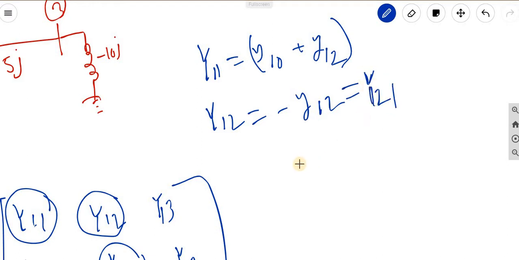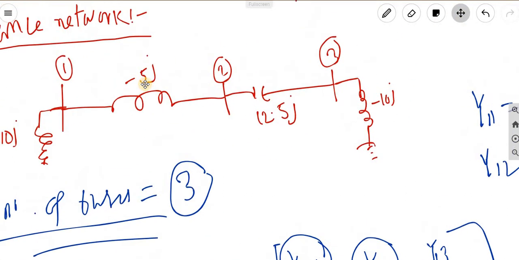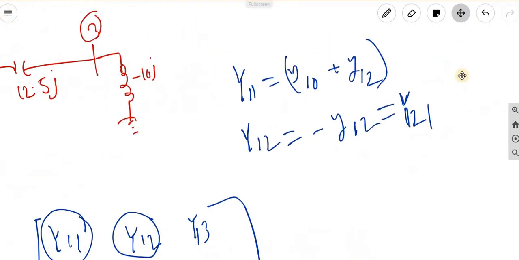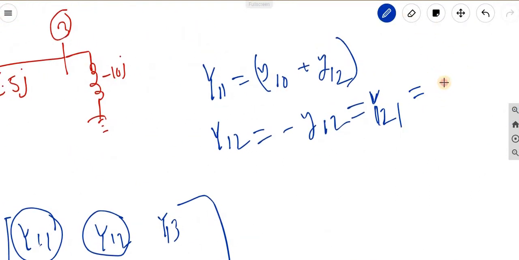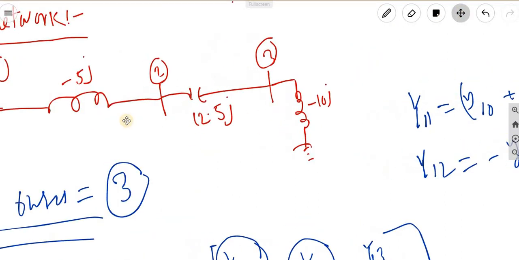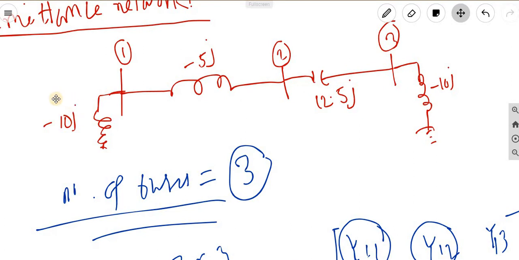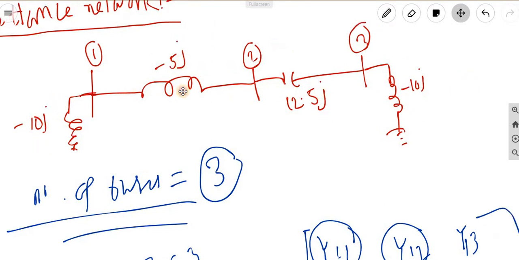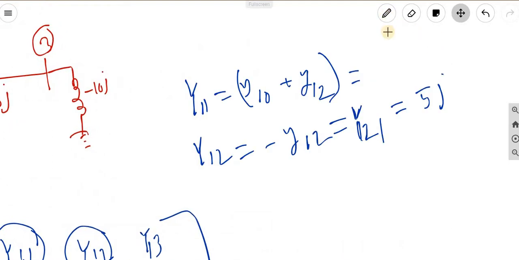So from the figure what we could get, the 5j, that means minus 5j, that means actually plus 5j. And for the diagonal element Y11, this and this will be adding up, so that means we will be getting minus 15j.